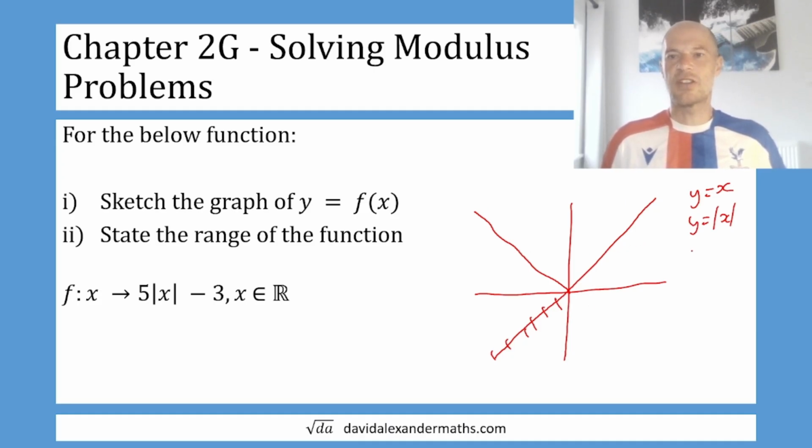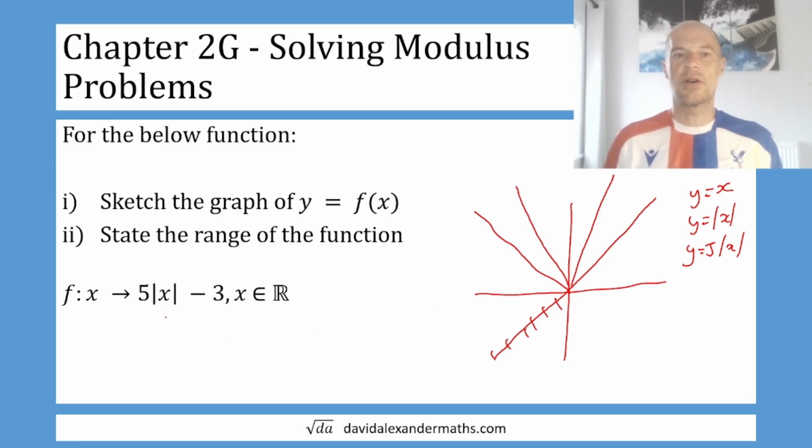Right, so let's now do a little transformation. So it's y is 5 times the modulus of x. Well, comparing it to y as the modulus of x, it's going to be similar but steeper. This might not be particularly accurate, but at the moment it looks like so. So that is y is 5 times the modulus of x.